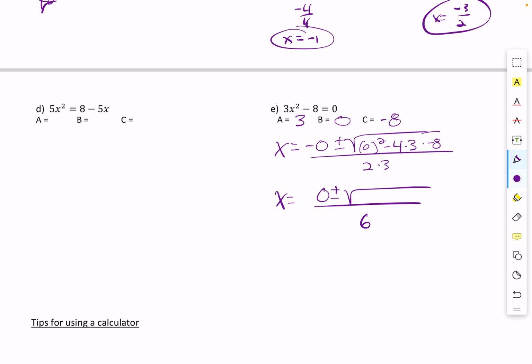Okay, be real careful on this one, because on this one, I have to use a negative sign and a subtraction sign. So make sure that you're careful when you use which piece, right? As you type it in. So it's minus the 4AC, but the 8 was negative, so that one used the negative sign.